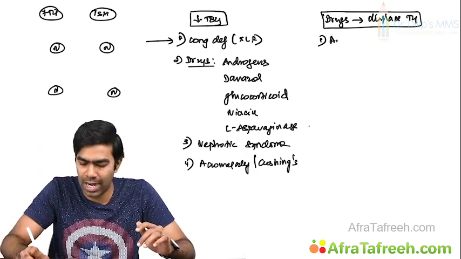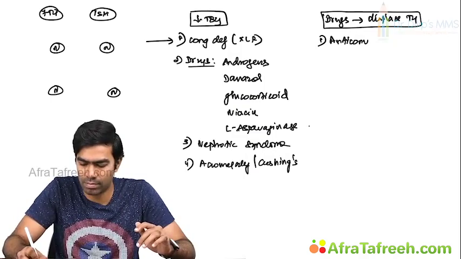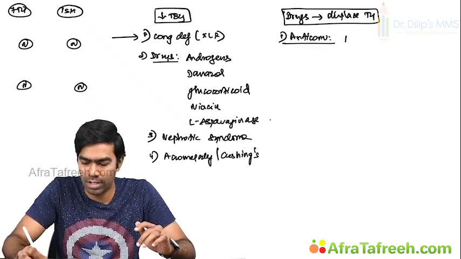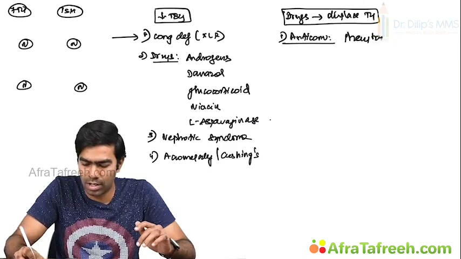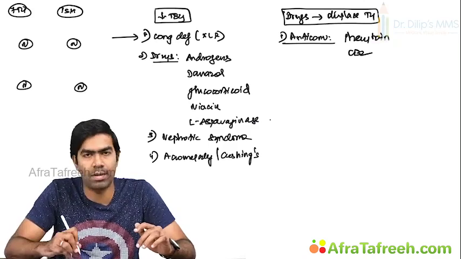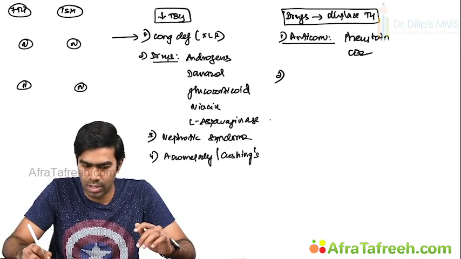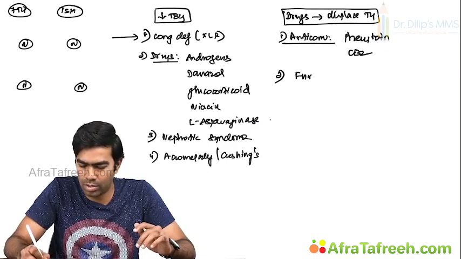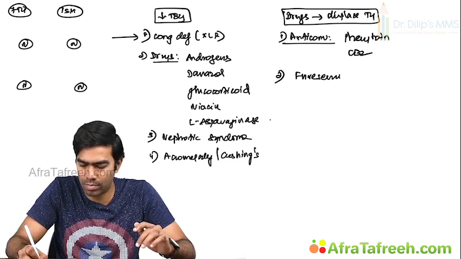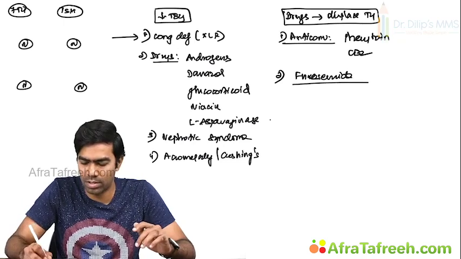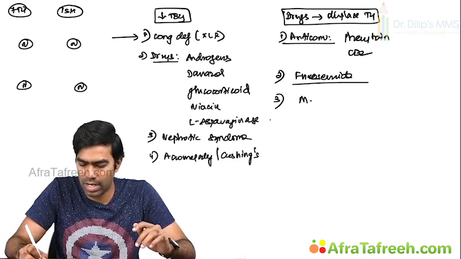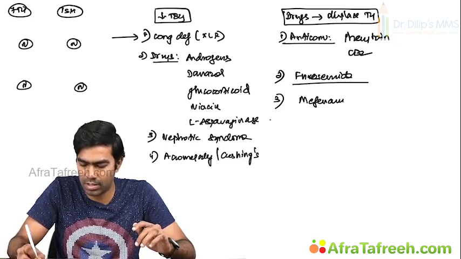Number 1, anticonvulsants like phenytoin and carbamazepine. Very important. Number 2, certain other drugs like high dose Lasix, high dose furosemide, but only in high doses. Third one, NSAIDs like mefenamic acid.